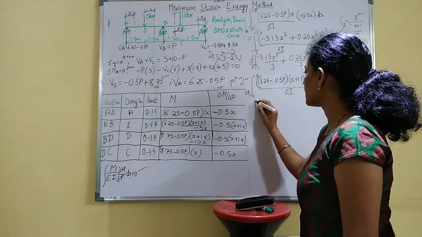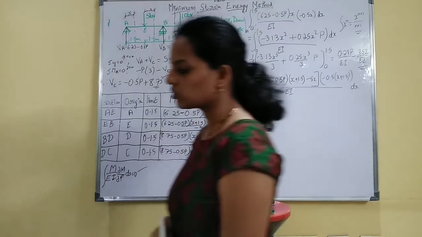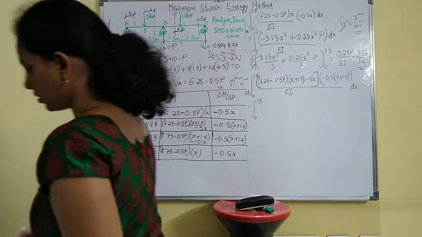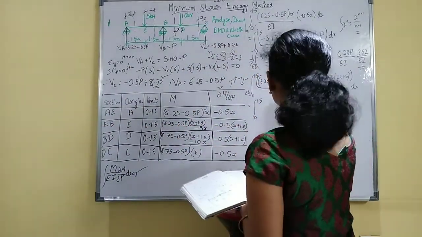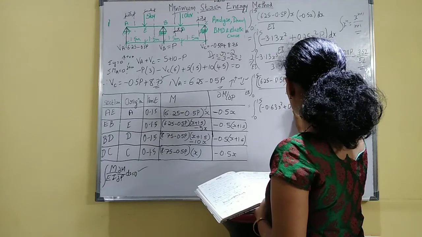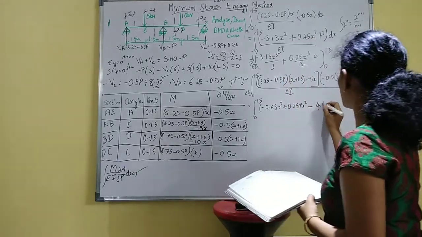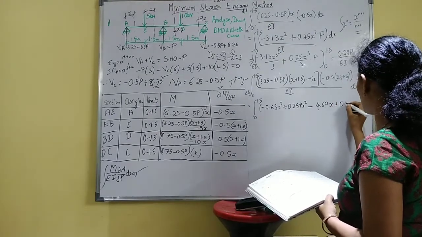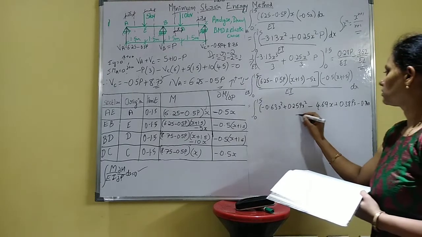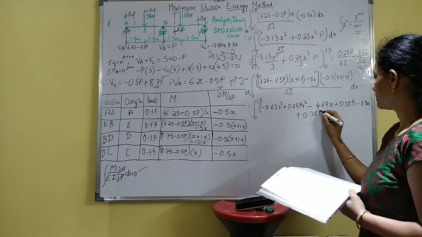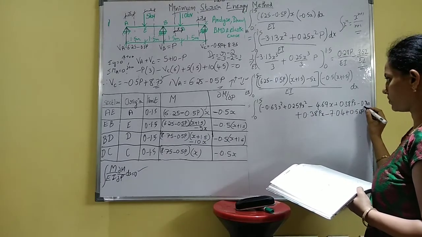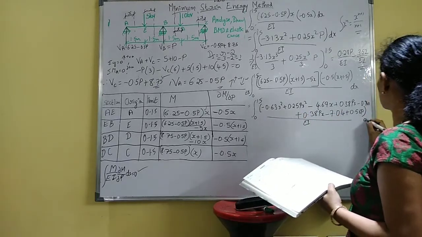So next just simplify. I'll write it directly. After simplification you will have minus 0.3x square plus 0.25 P x square minus 4.69x plus 0.38 P into x minus 0.94x plus 0.38 Px minus 0.74 plus 0.56 P, divided by EI into dx.